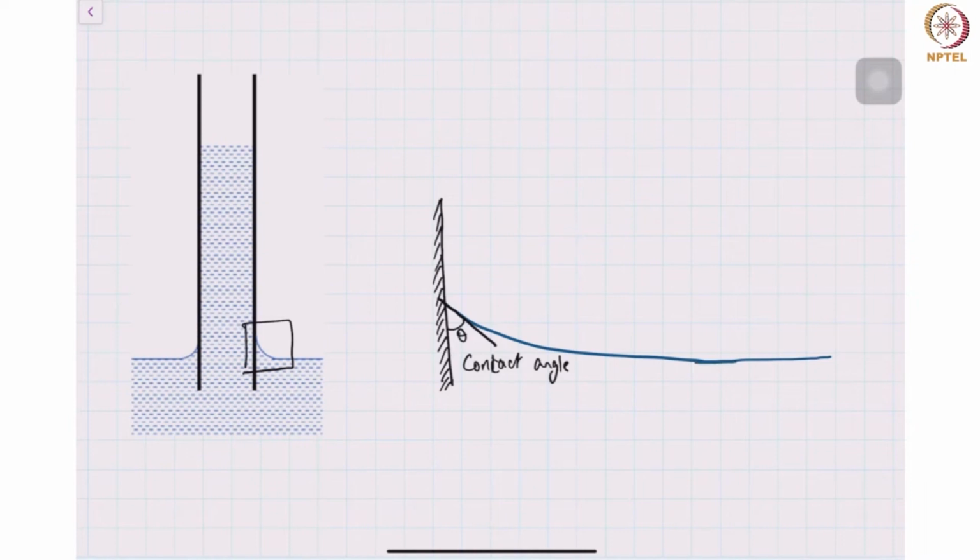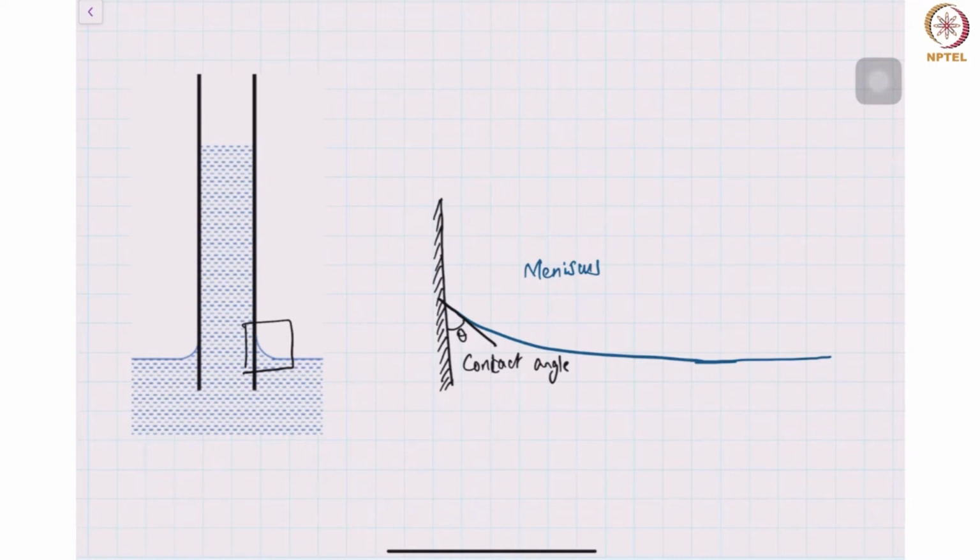We will look at what the typical value of this length scale is for, let's say, an air-water system. Another thing we'll be doing in the course is to determine the shape of this meniscus. And this angle that you see here directly influences the shape very close to the solid surface.